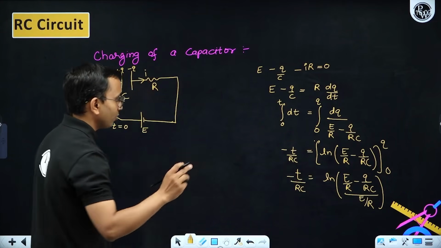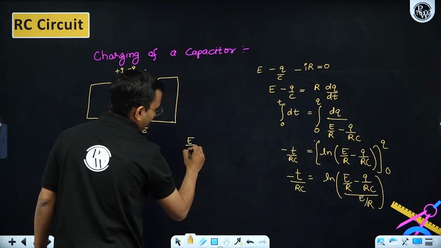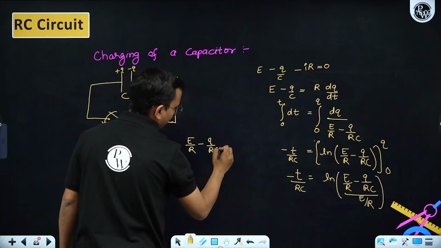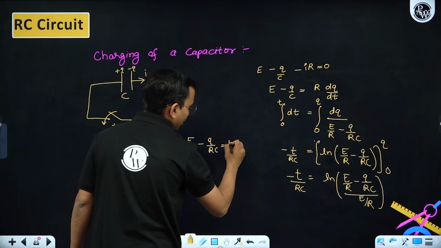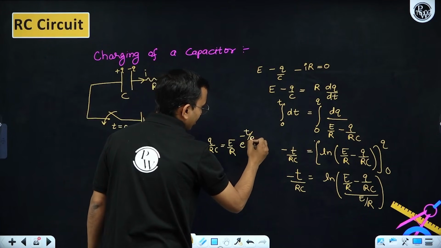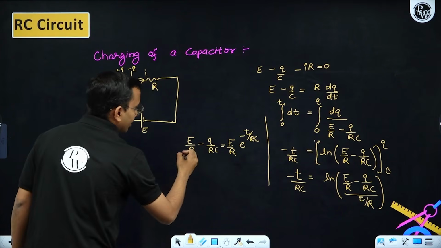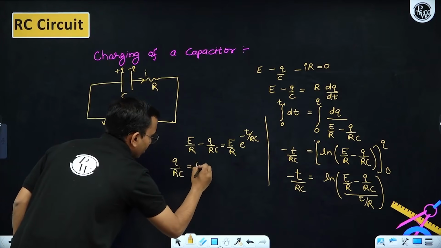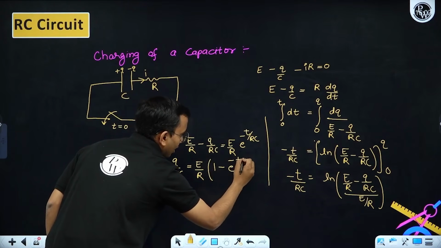Okay, so from there if I write, it will become E by R minus Q by RC, and this comes out to be E by R into e to the power minus t by RC. Is it right? Yes. So Q by RC is equal to E by R into 1 minus e to the power minus t by RC.